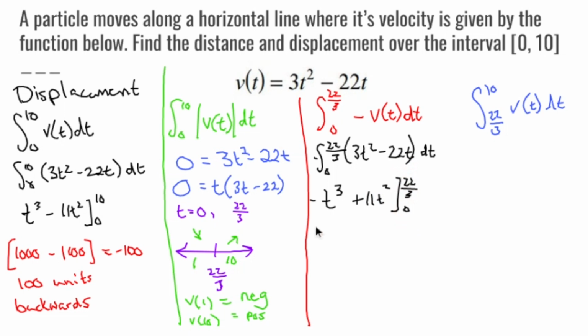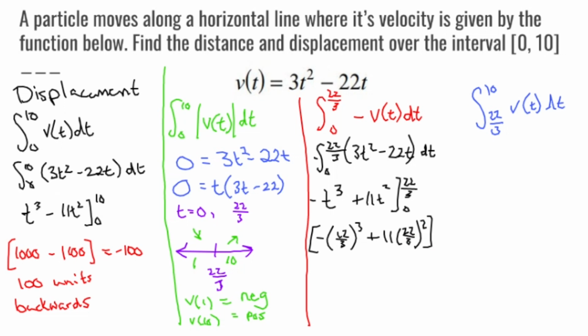When I do the fundamental theorem of calculus, I get negative 22 thirds cubed plus 11 times 22 thirds squared, minus zeros.